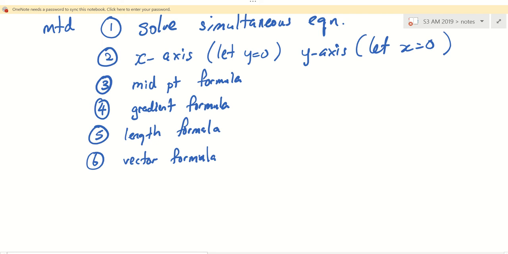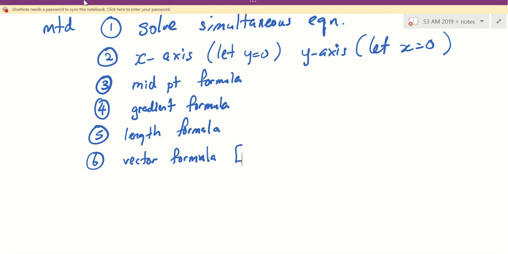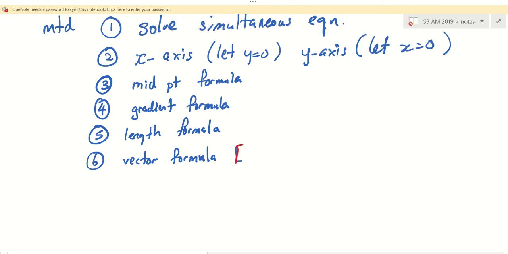Now, vector formula is a new thing to you, so I will use the worksheet. Worksheet question 1, the one that we went through the other day.